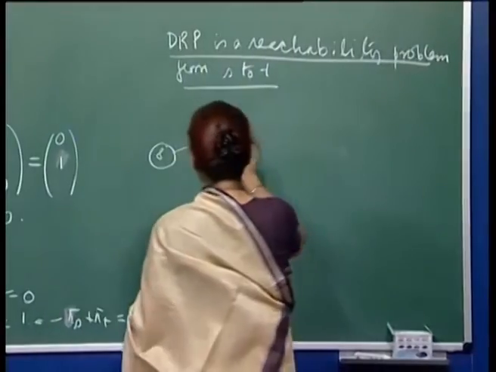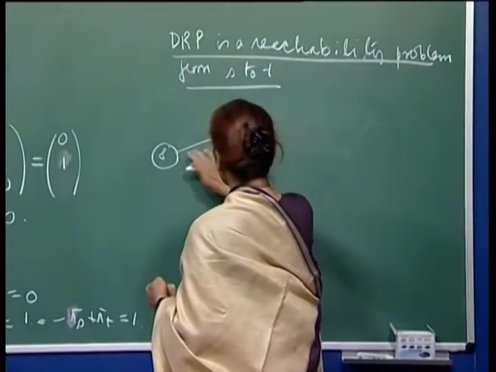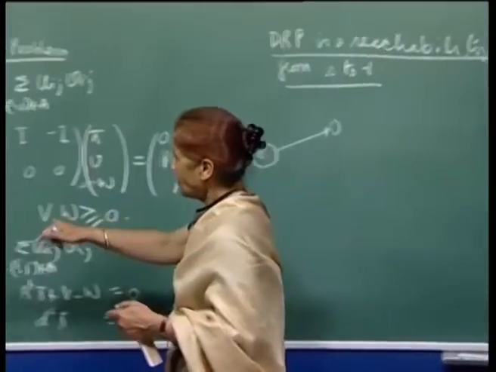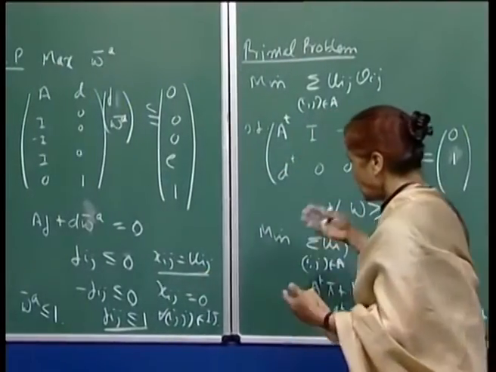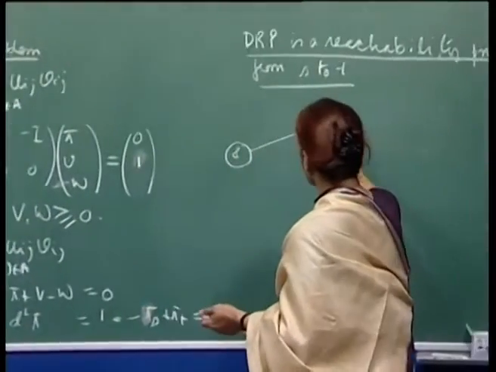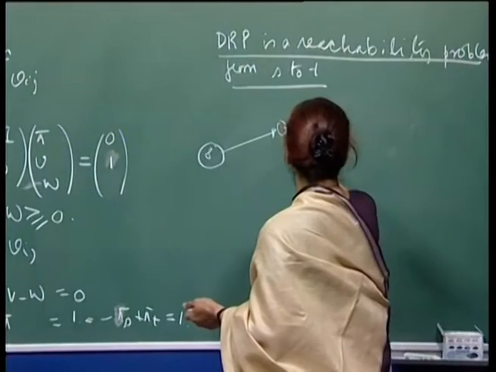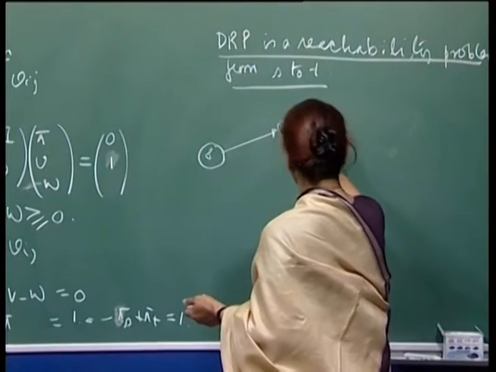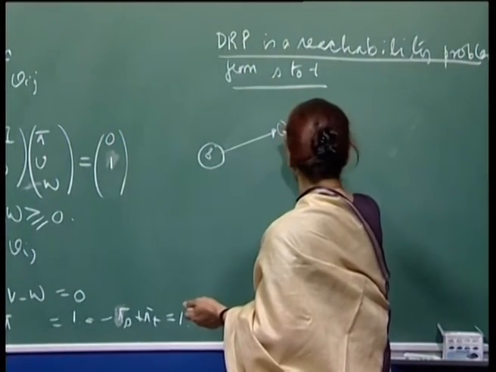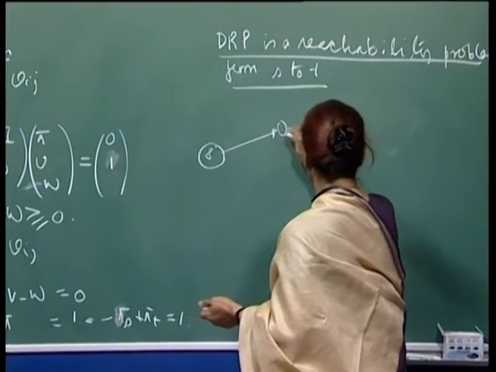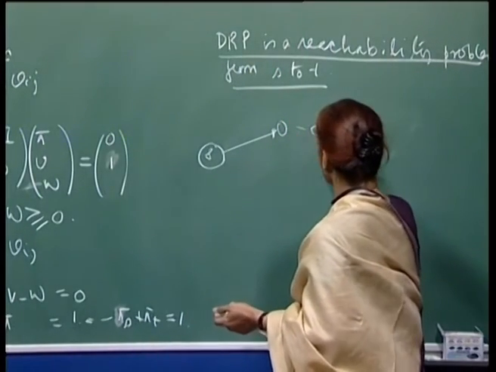So, if there is an arc like this, then I can use it, right, because I am trying to solve this DRP, and the solution would be that, and then from there I will again try to see if there is an arc here on which if you have a flow in this direction, then I can reduce the flow, or if there is again no flow on it, then I can increase the flow.